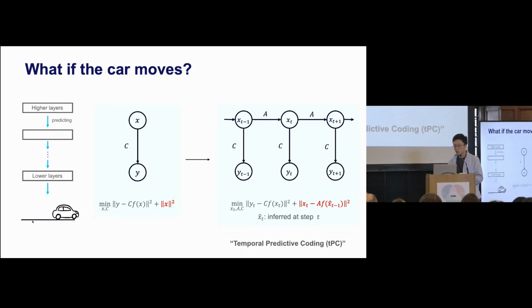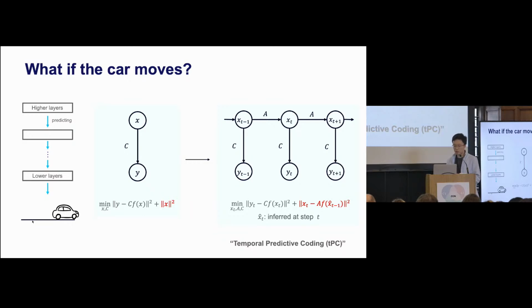In this model, the latent activities X do not only generate predictions of their current corresponding observations Y, but they also generate temporal predictions of their own activities in the future. For example, in this probabilistic structure, you can see that x_{t-1} does not only generate predictions of y_{t-1} via C, but it also generates predictions of x_t via the matrix A.